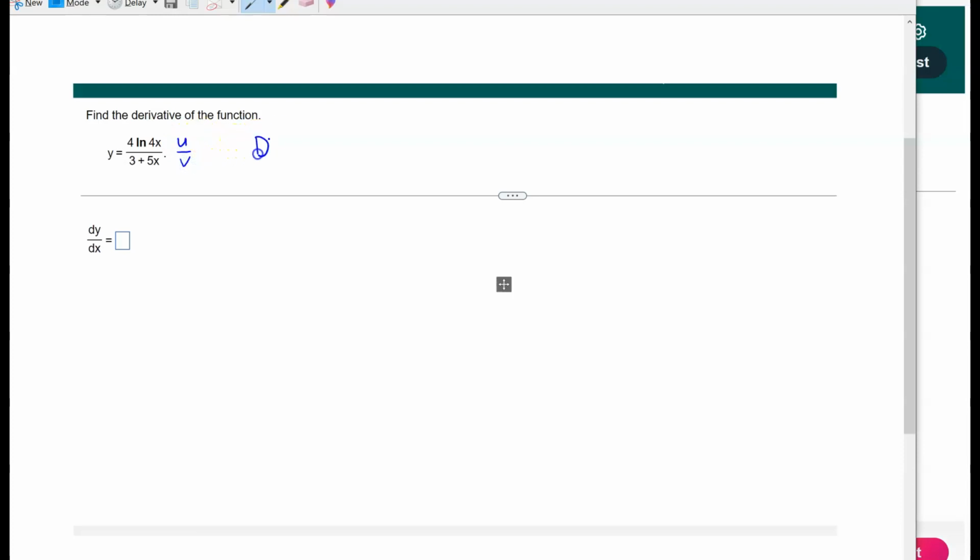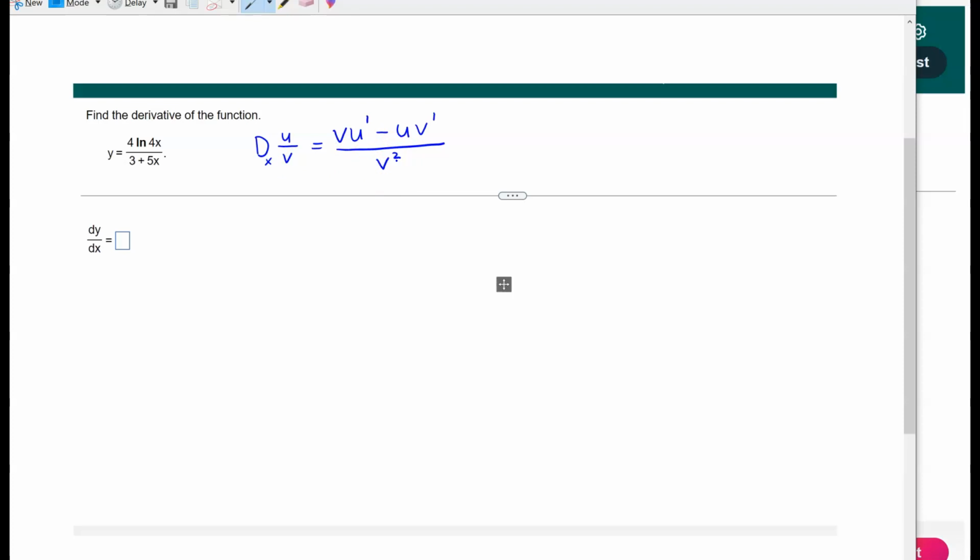So the derivative of u over v with respect to x is just equal to low, so that's v, times the derivative of the high, u prime, minus high, which means the numerator, u, times the derivative of the low, v prime, all over v squared. So again, it's low, d high, minus high, d low, all over low squared.